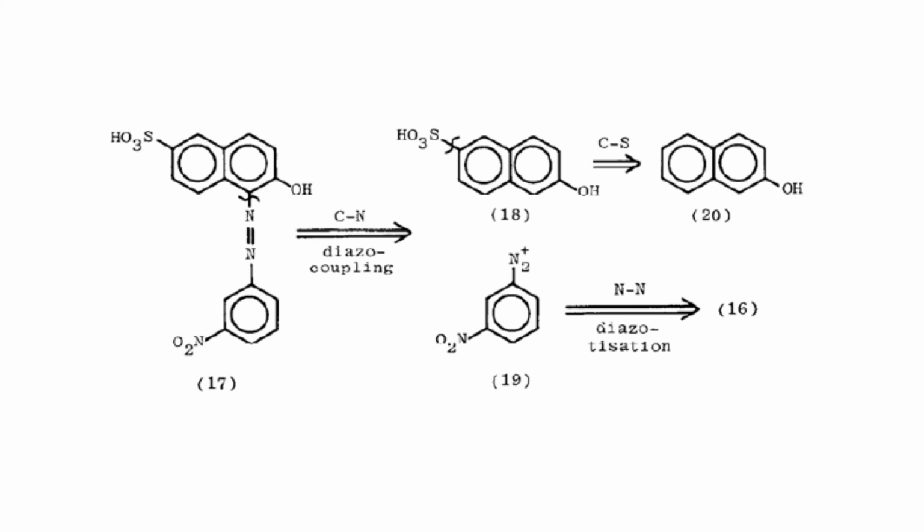In this example, if we do its retro analysis by disconnecting the CN bond of the azo group, CN diazotization coupling, we will get beta naphthol, and the other is meta nitroaniline.